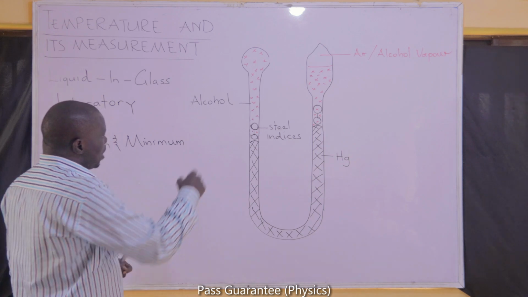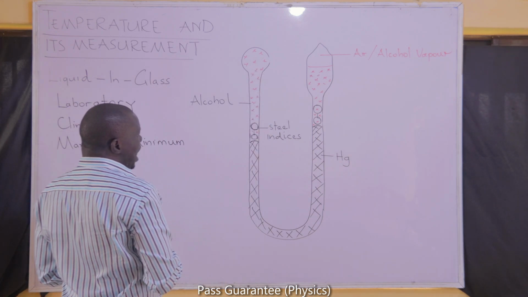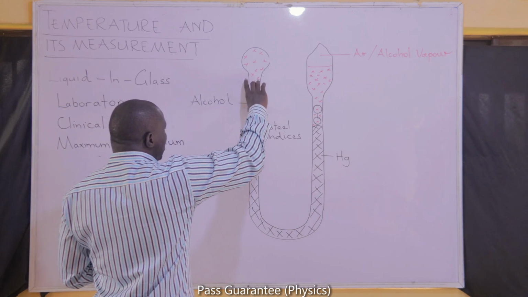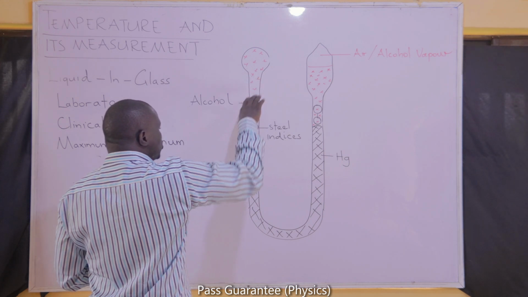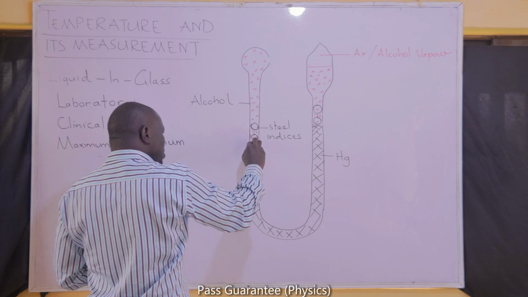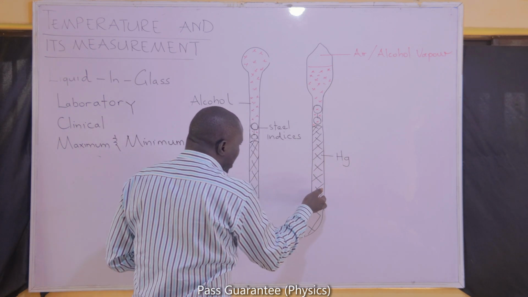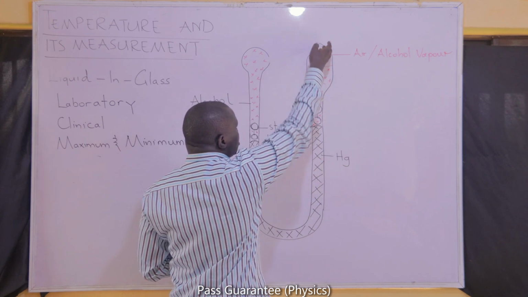Now, if alcohol expands, the mercury will also expand. So what will have taken place here is, because alcohol expands on this arm, it will try to create space for itself. And how will it do that? It will push down the mercury on this arm, and then the mercury on this other arm will be pushed up. Don't worry, there's still space for the alcohol here to expand to.